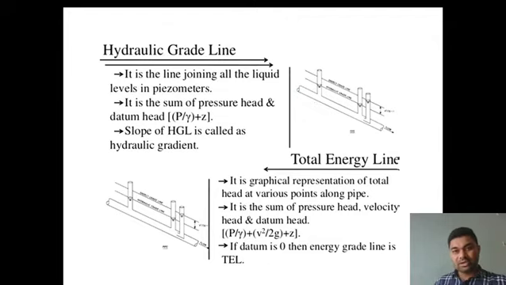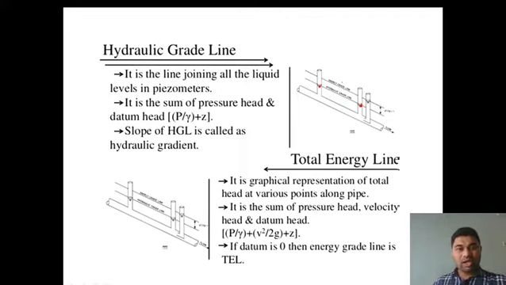Piezometers give pressure intensities. When the fluid flows through the pipe, the piezometers installed at various sections give different readings. As you can see in the figure, the red marks are the various piezometer readings.